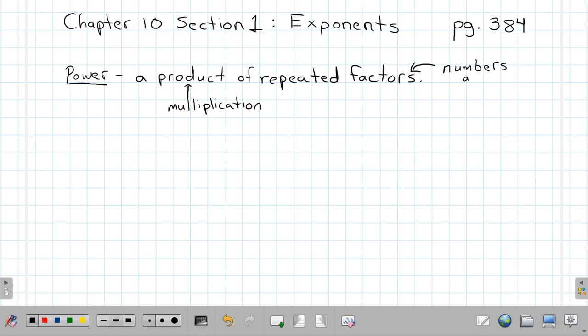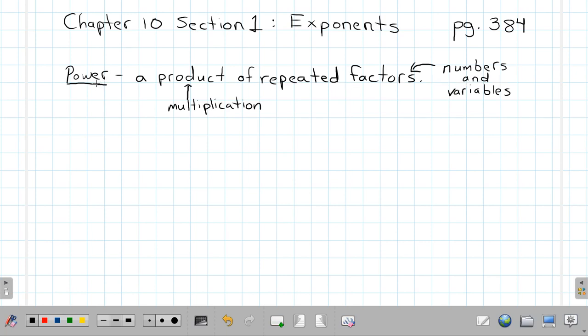And since we are getting into talking more and more about algebra, we're talking about numbers and variables. We talk about variables here because variables do represent numbers, and variables can be factors as well. So whenever you see that word factors, we're talking about numbers and variables here.